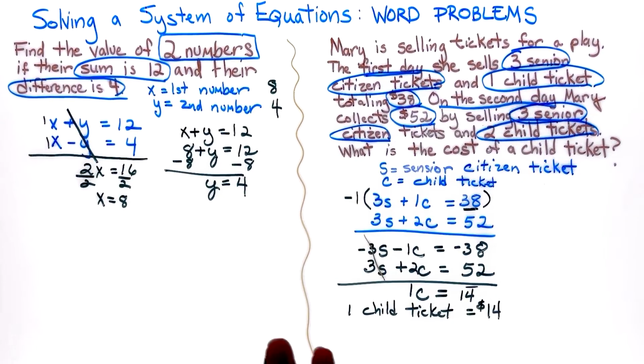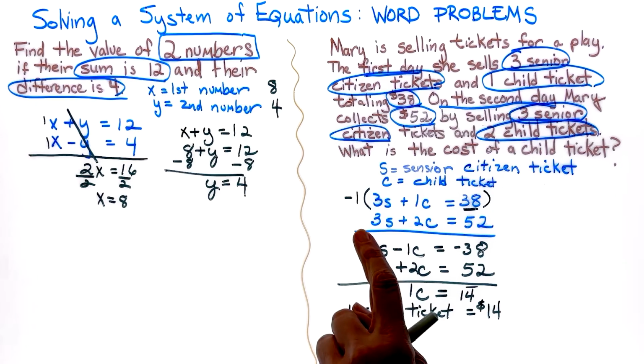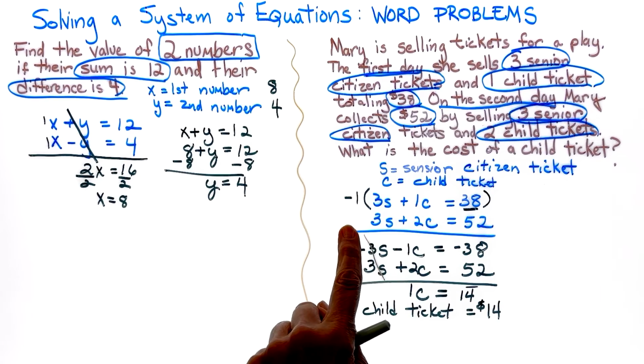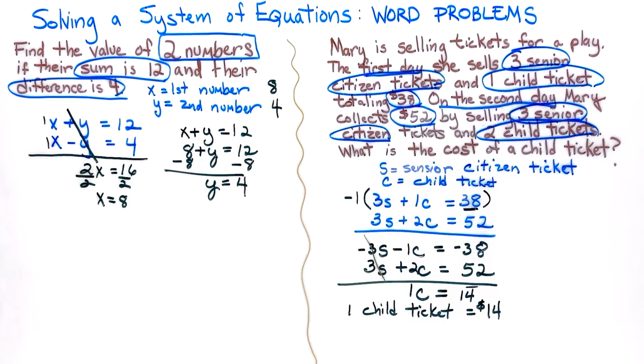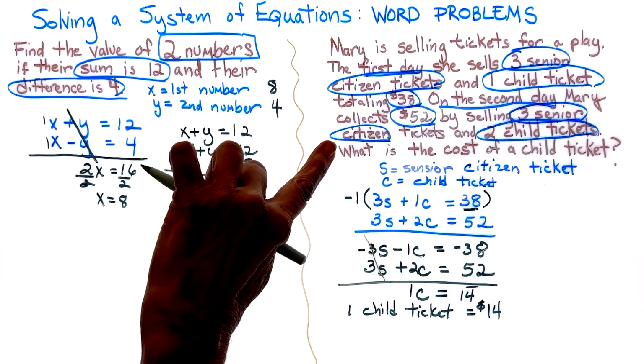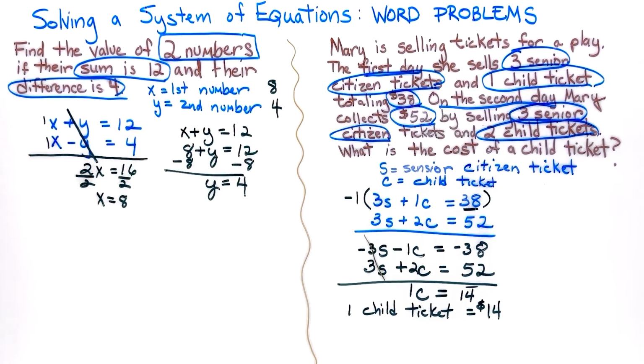If I needed to, I could substitute in that 14 into either of the original equations up here, and I would be able to find my senior citizen ticket. But since they're not asking for that, I'm actually able to stop with finding the cost of 1 child ticket.